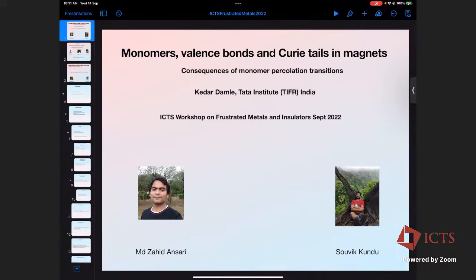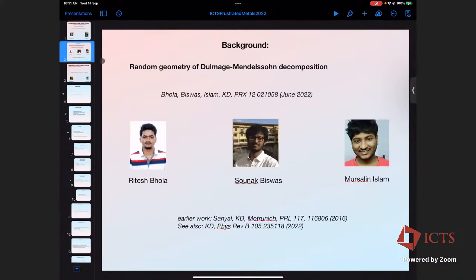So let me start by saying the punchline, which will come at the very end, is all the work of Zahid Ansari and Shauvik Kundu, two students at the Tata Institute, whose work I'm happy to present today. But the whole technology that uses all the stuff we did earlier was developed in collaboration with other students, with Ritesh Bhola, Shaunak Biswas, and Mursaleen Islam.